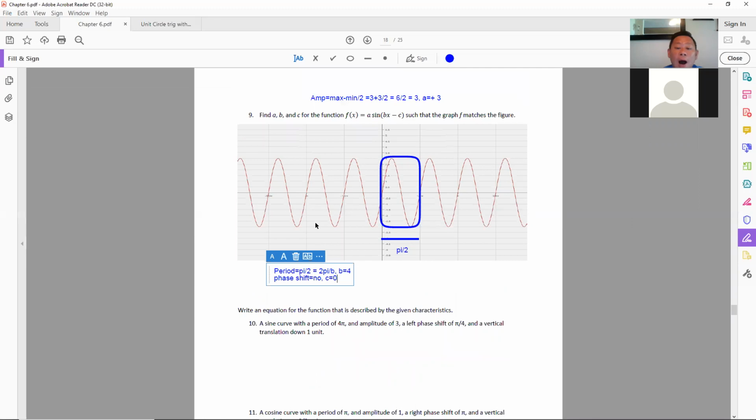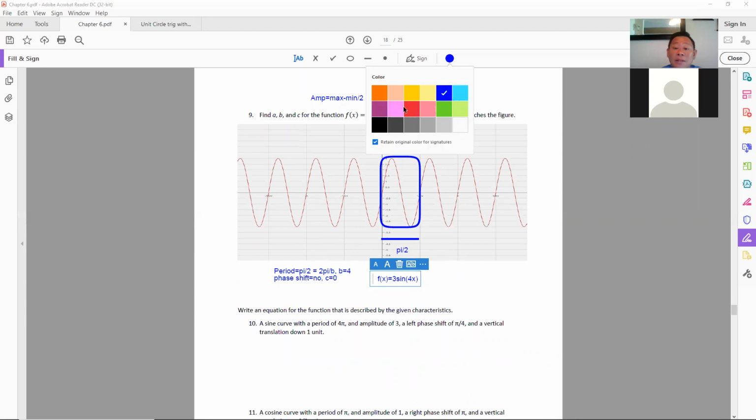So you're going to put all your A, B and C into this function. Your function in this case will become: A is 3, so 3 sine, B in this case is 4x. And since we don't have a C, that will be your answer.